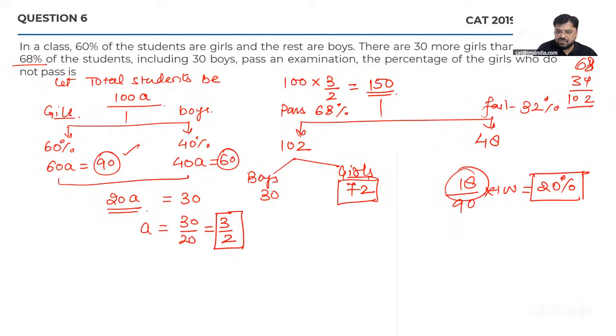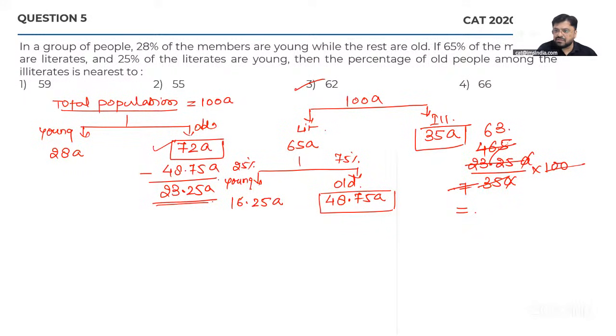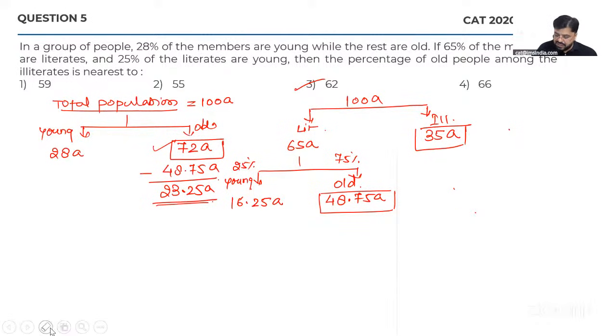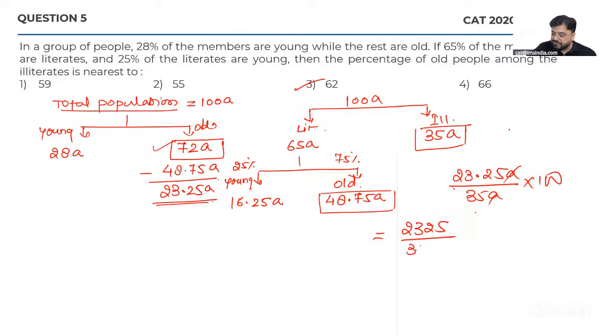Guys, I guess there was some issue with some calculation in the earlier question. This is where some mistake was made. Let me correct it here. It was 23.25A upon 35A, which is 2325 upon 35. 7 sixes are 42.